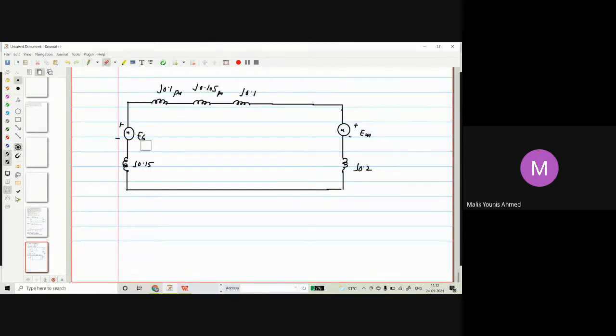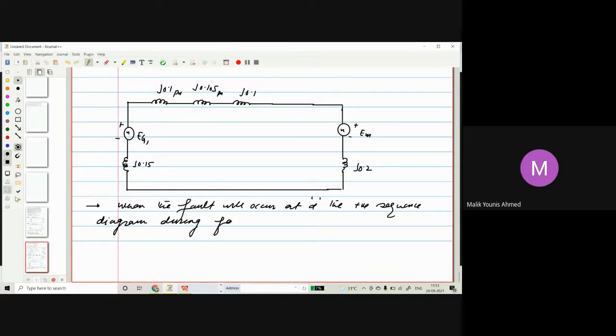What we are trying to do, first let me write: when the fault occurs at D, then the positive sequence diagram during fault conditions is shown above.